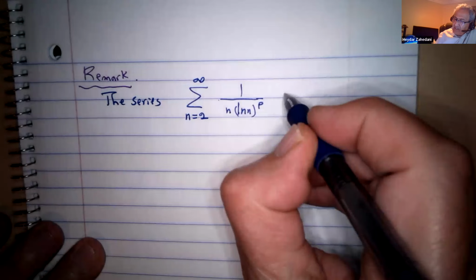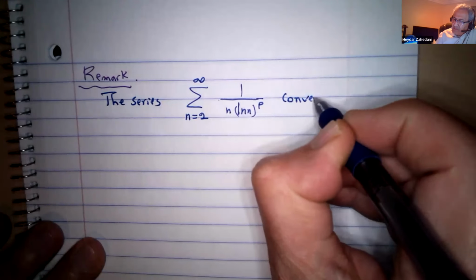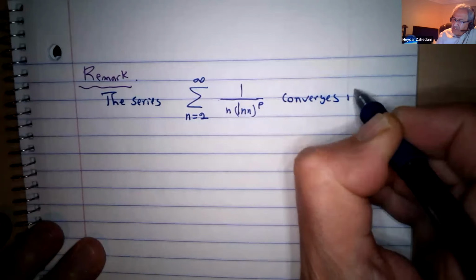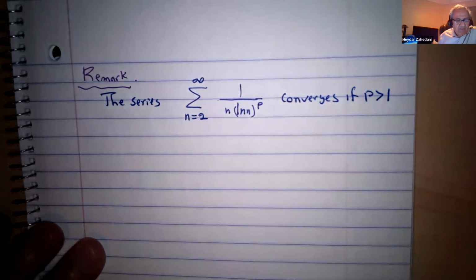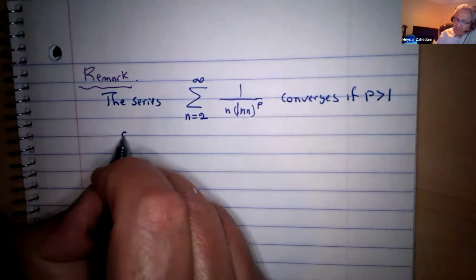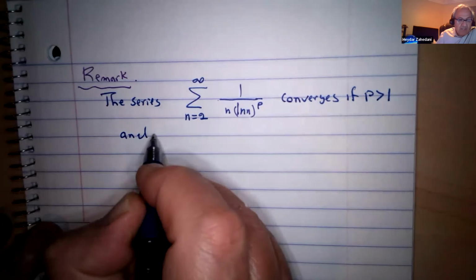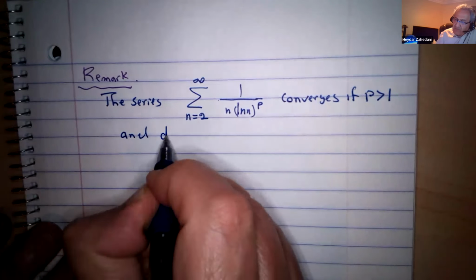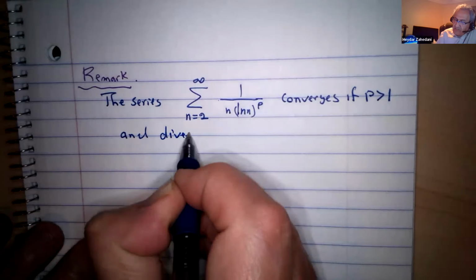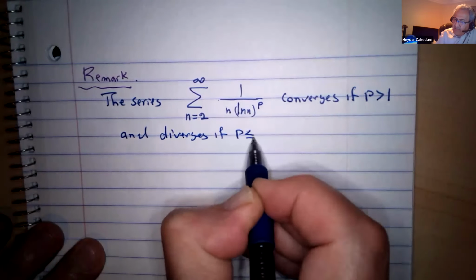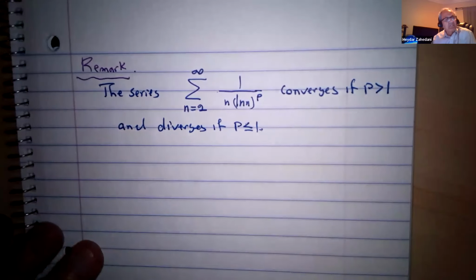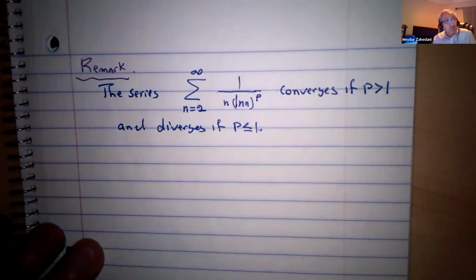This series converges if P is greater than 1, and diverges otherwise, if P is less than or equal to 1. It's like the P series, but you should be able to prove it for us.